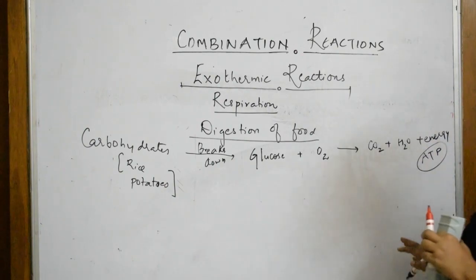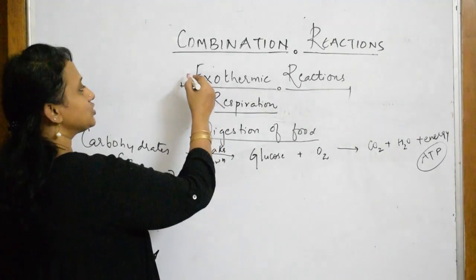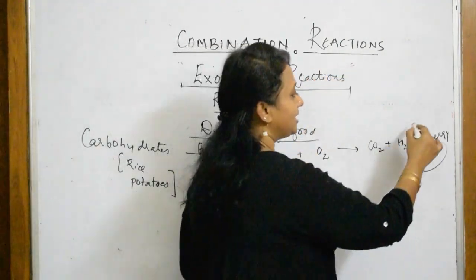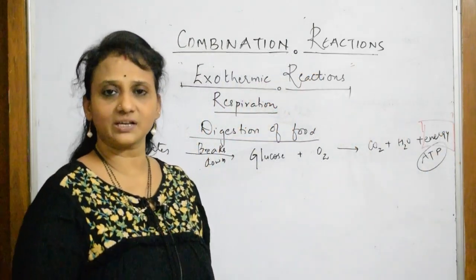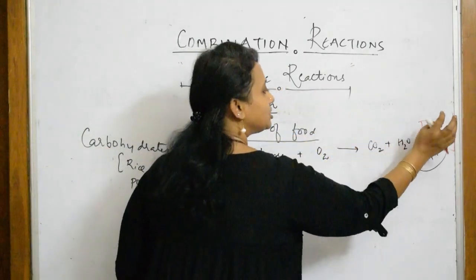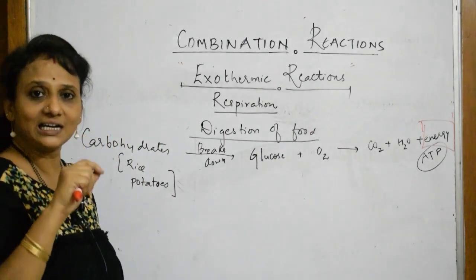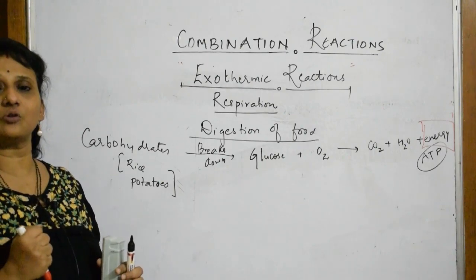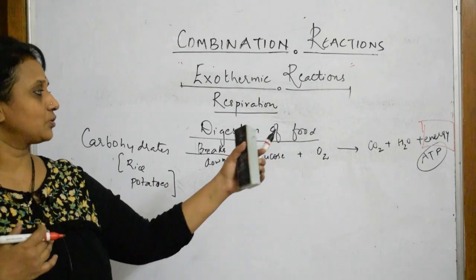If I have to write the reaction, the first important thing: here I have written exothermic reaction and I said energy is released. See here, energy is released, so this is on the product side. Remember, if you write exothermic, the energy should be mentioned on that side, right? You can also write it in the form of delta, that's heat, but here in this case energy is released in the body, when we have food, and that is the outcome.